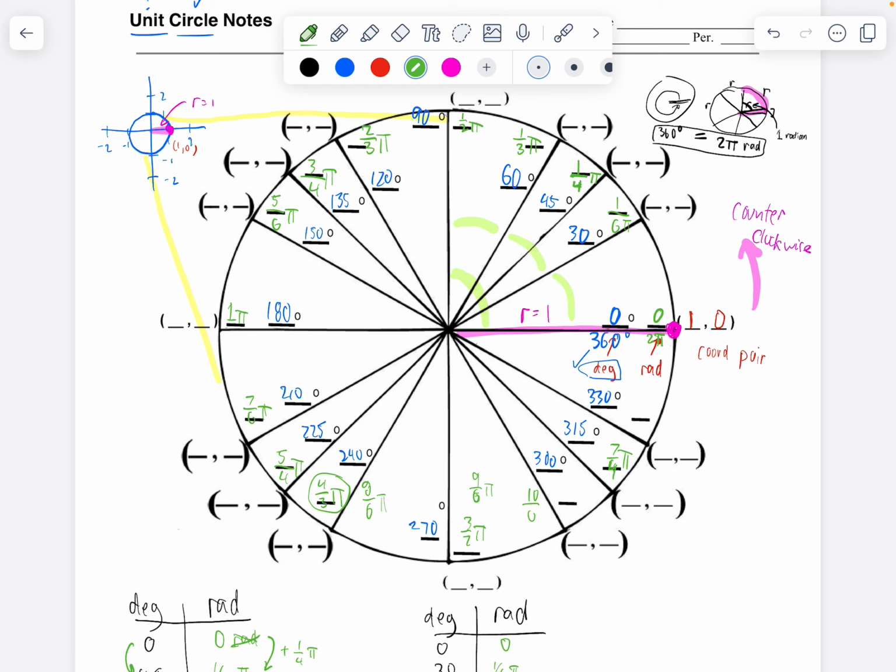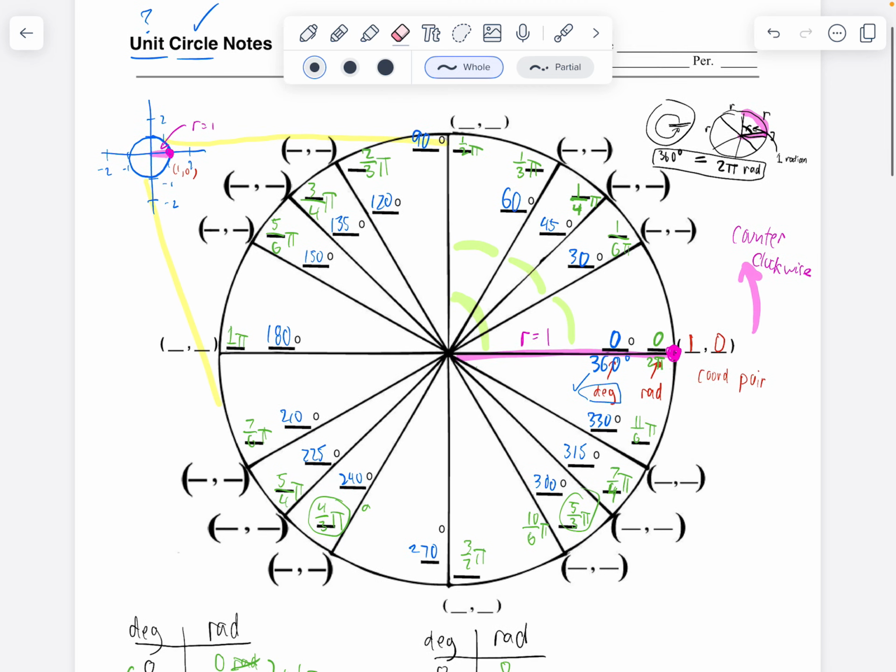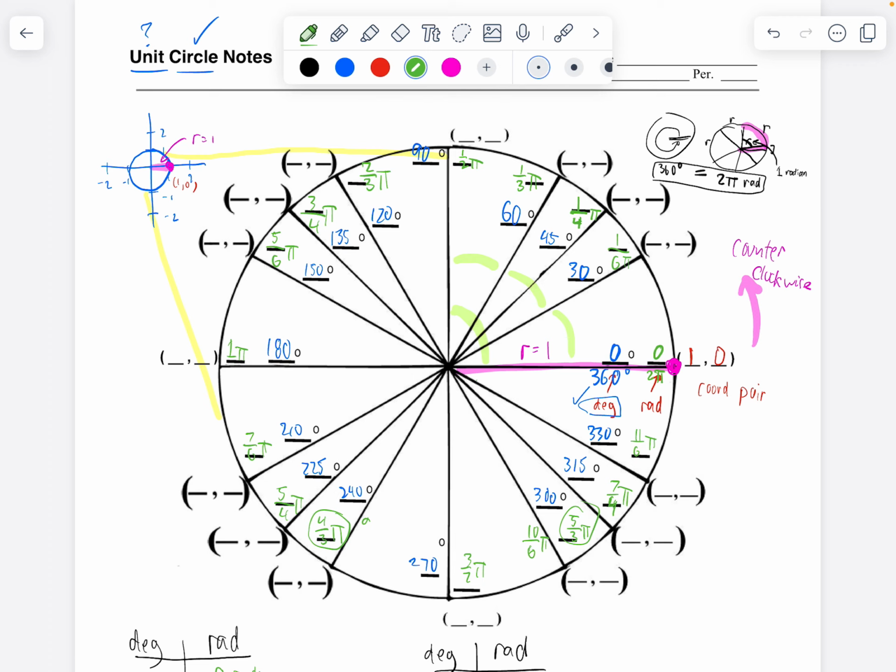Next one is 10/6, but 10/6 can be reduced to 5/3. So 10/6 and 11/6. And that is that. And we have completed the degrees and radians. So that's awesome. We did the radians now. Done.